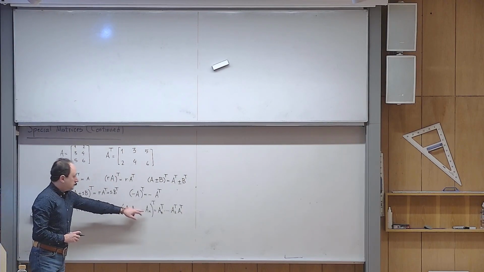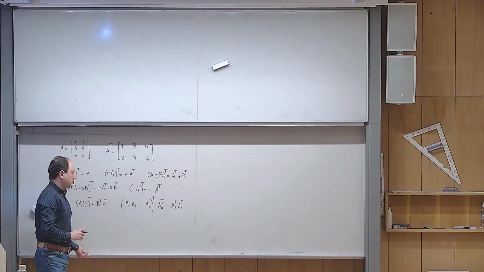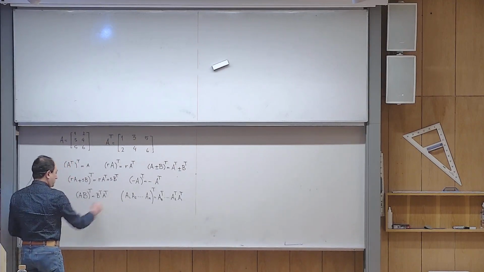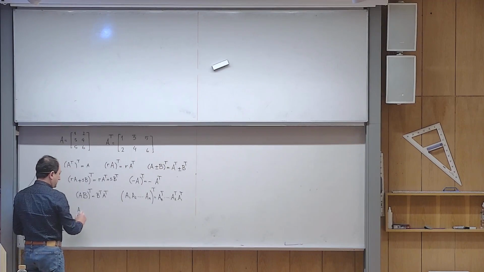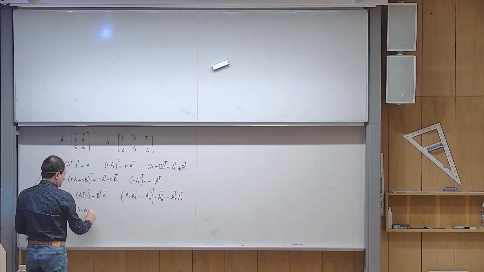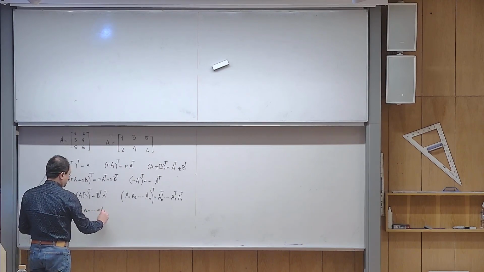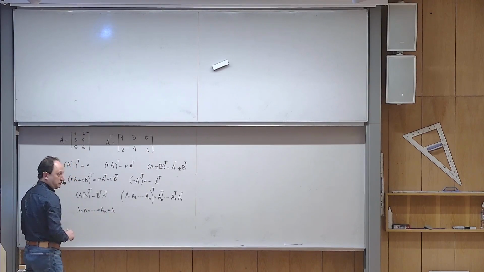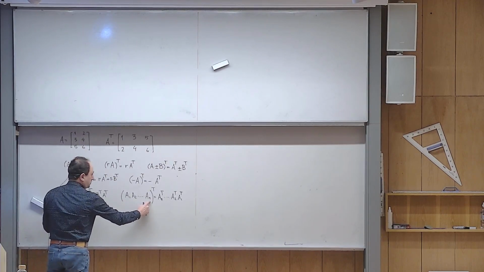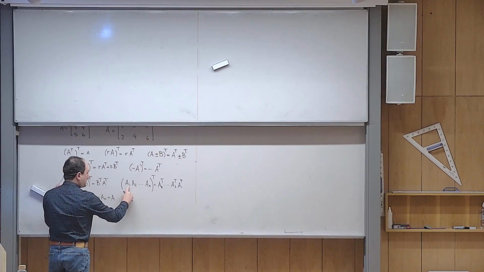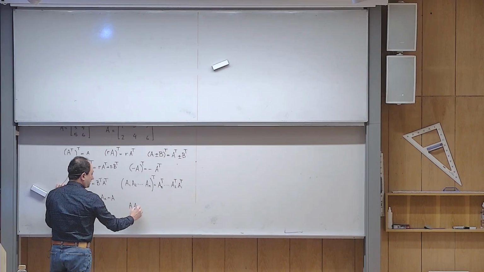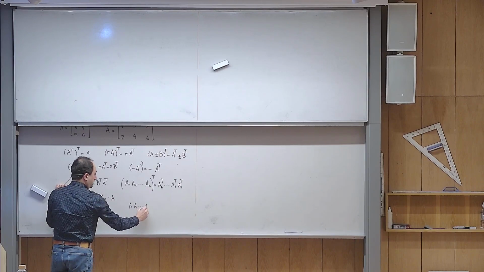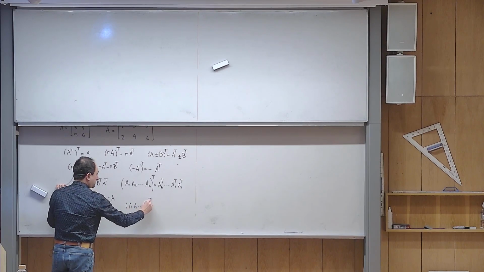One very important consequence is: what happens in this formula if all these matrices are equal to the same matrix A? Instead of A1, I put A. Instead of A2, I put A. And I continue, instead of AN, I put A, and then take the transpose.